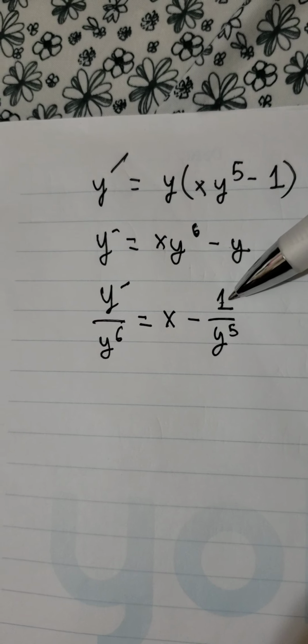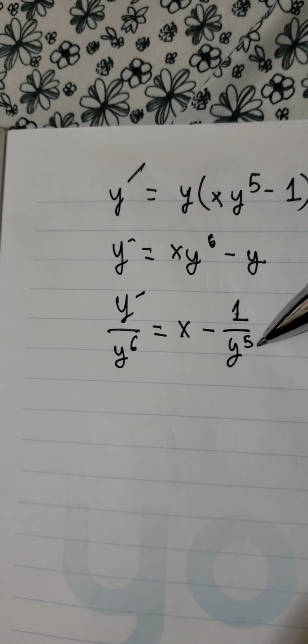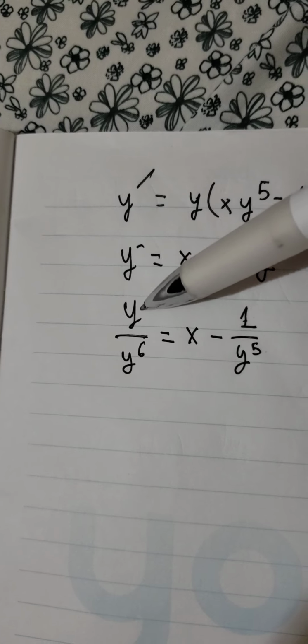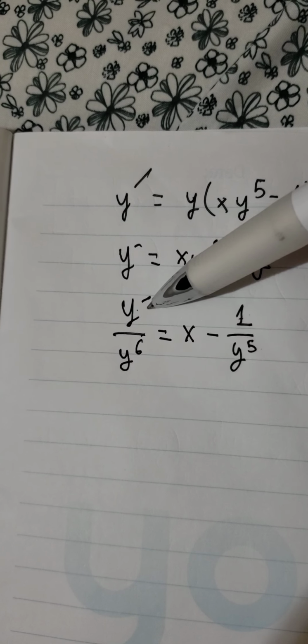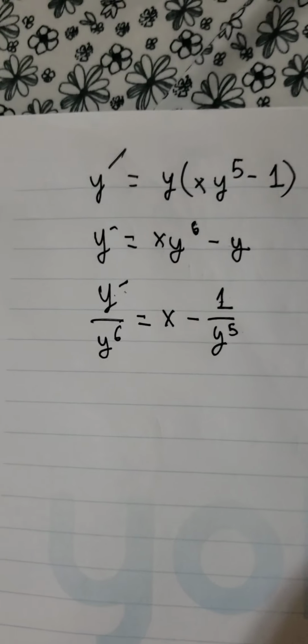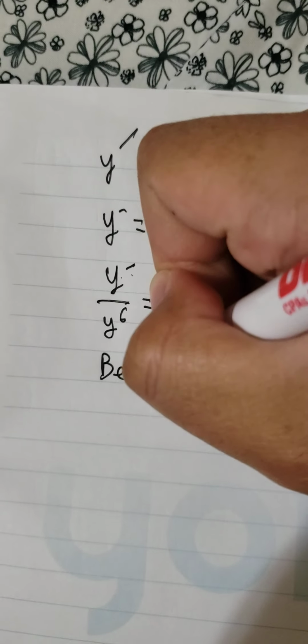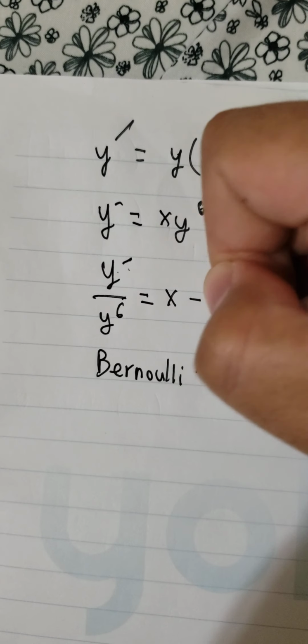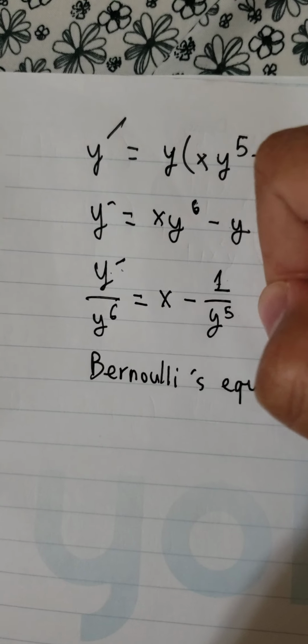So we can see that we have 1 over y to the power of 5 and the first derivative of y over y to the power of 6. This one is about Bernoulli's equations.